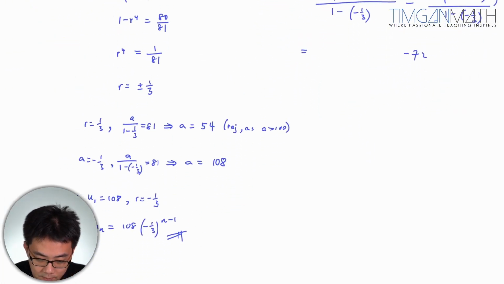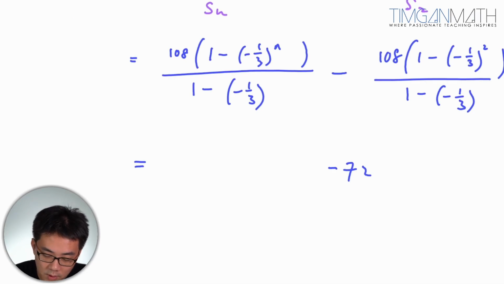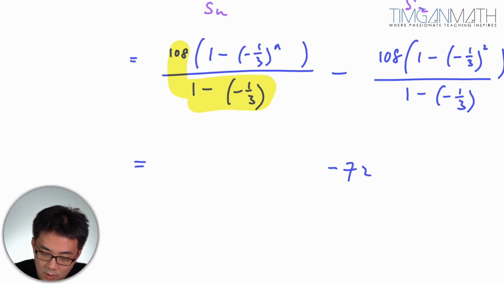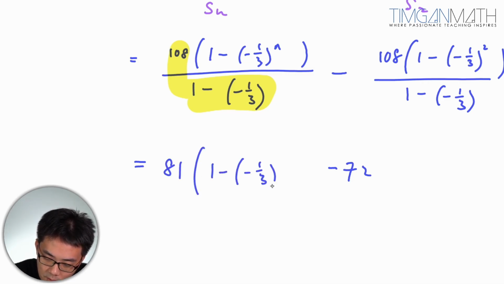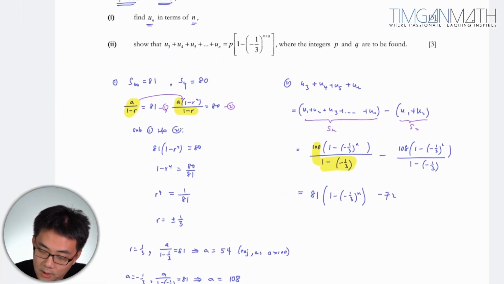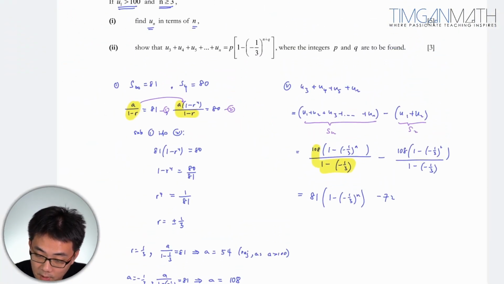Subsequently, for this part here, we key in the calculator: 108 divided by 1 plus 1/3, and that will be 81. Great, so there you go. What we want is to factorize it out.